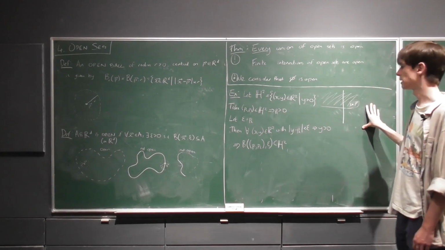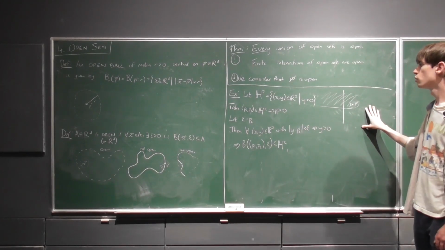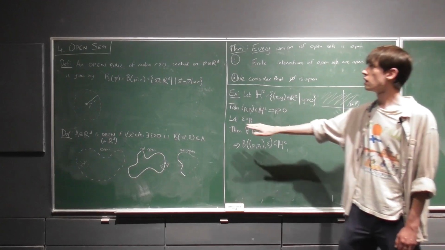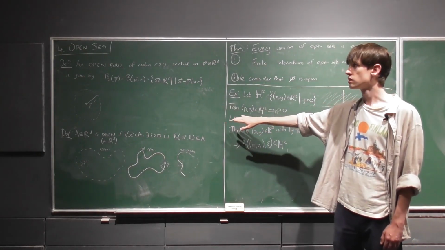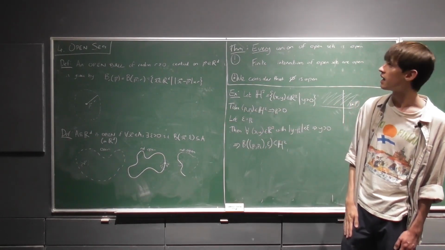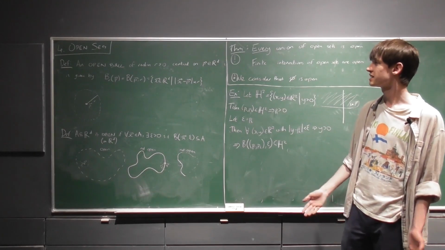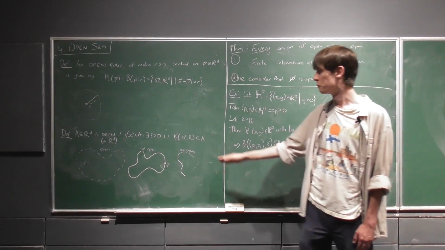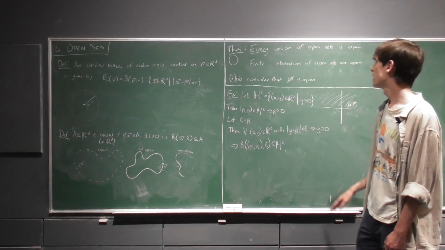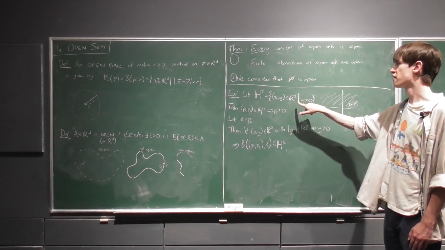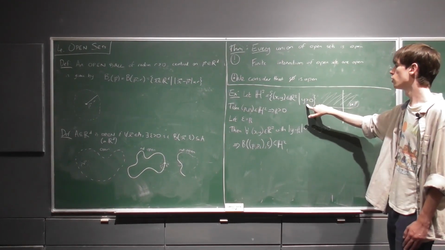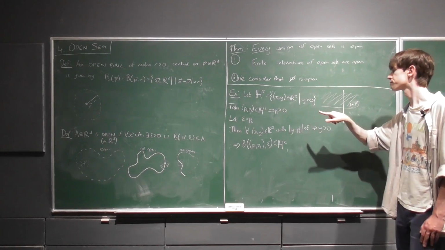A concrete example of an open set would be, of course, the open ball. They are maybe obviously open sets because you can just take the ball itself to be the open ball within the open ball. But here, this is what's called the upper half plane. It's just the points in R^2 where y is strictly positive.